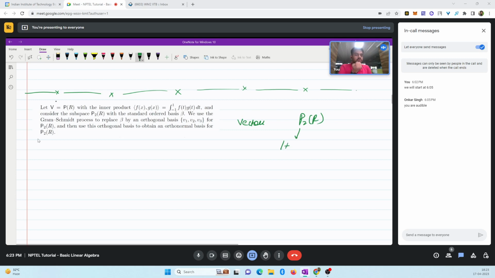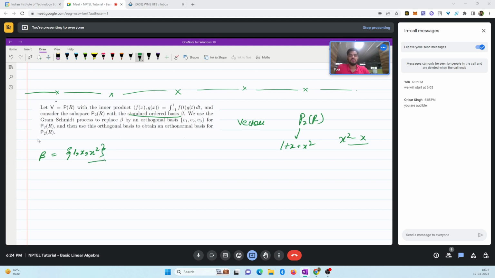Elements of the form 1 plus x square or x square minus x are vectors in this particular vector space. They are also saying that we should use the standard ordered basis for beta. So first of all, beta for P2(R) is 1, x, x square.